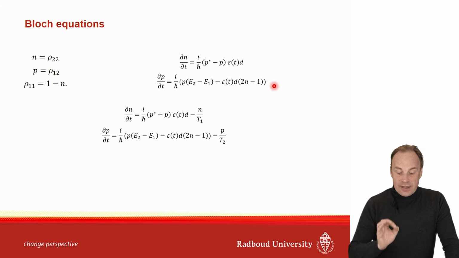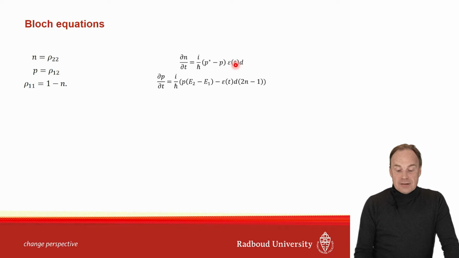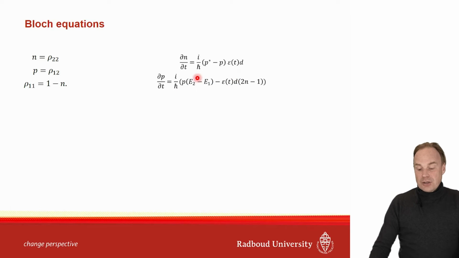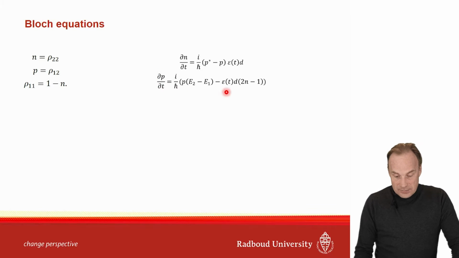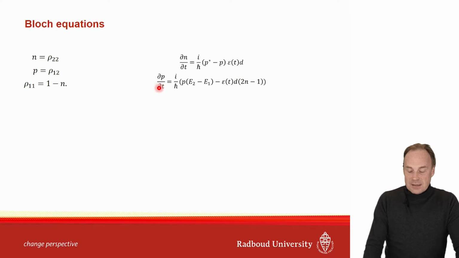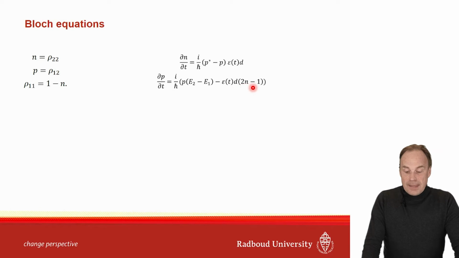You can see already from here that, for instance, if you look only at these two terms, it is a linear differential equation. If you neglect this term, that is, if you assume that n is equal to 0, then polarization would be a linear function of the electric field, epsilon.